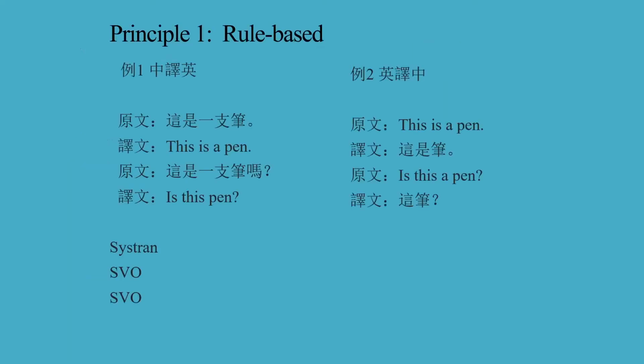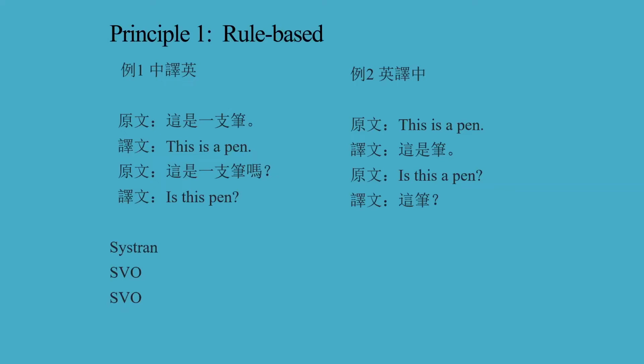The first approach proposed by researchers, based on linguistic theory, is the rule-based approach. Very basically, we can see SVO structures in different languages. Here, I have to resort to Chinese being translated into English and then English being translated into Chinese.